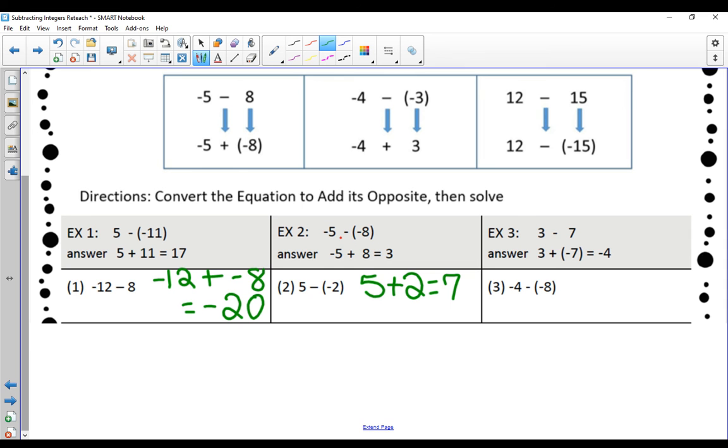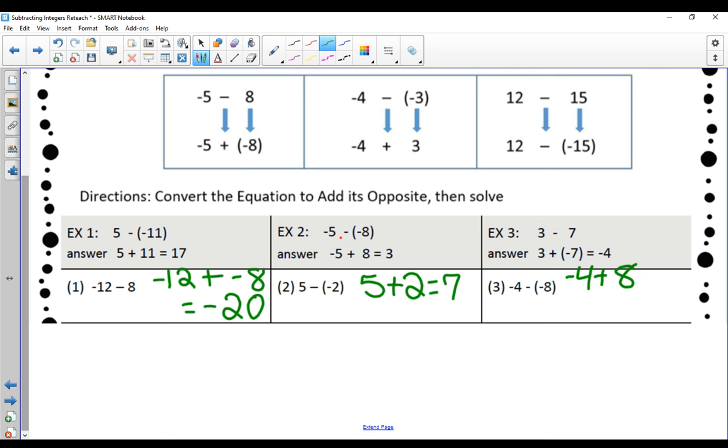So again, I'm going to keep, change. So I have my negative 4, change my subtraction to addition, and then my negative 8 then becomes its opposite of positive 8. So now, I've got two different signs now. I've got a negative plus a positive. So that's when I'm going to figure out which number's farther away from 0.